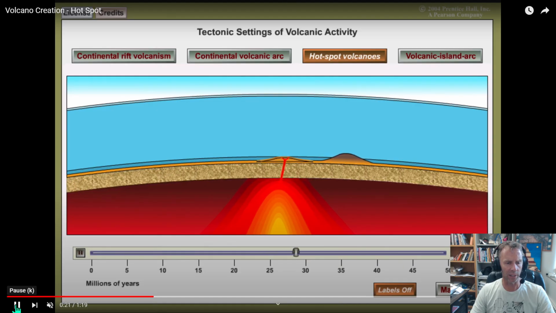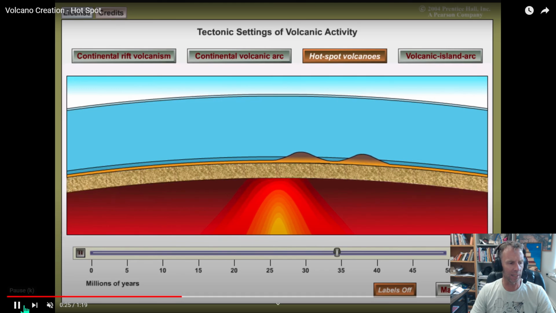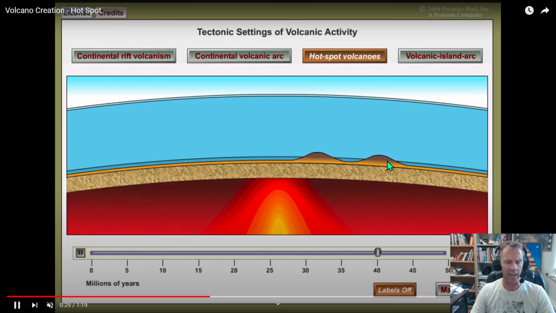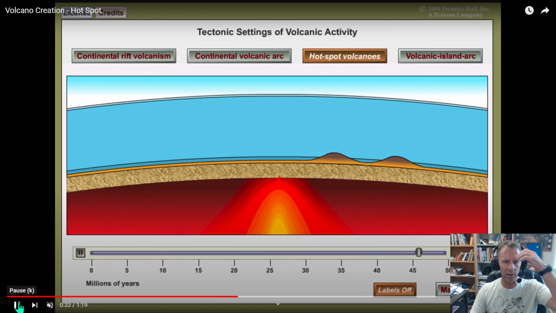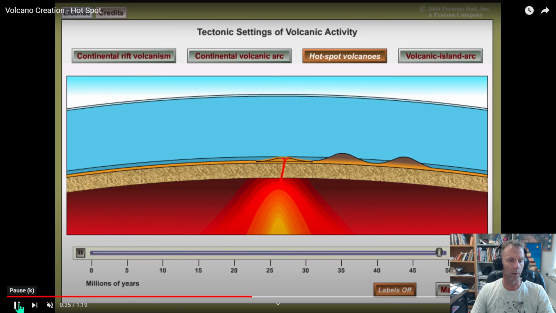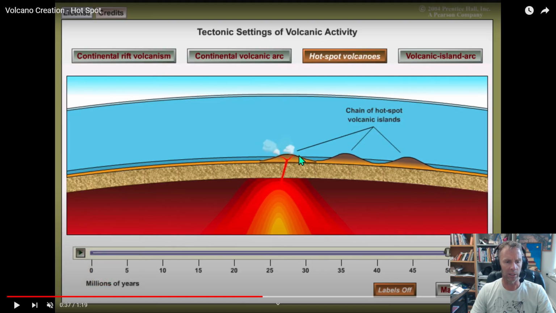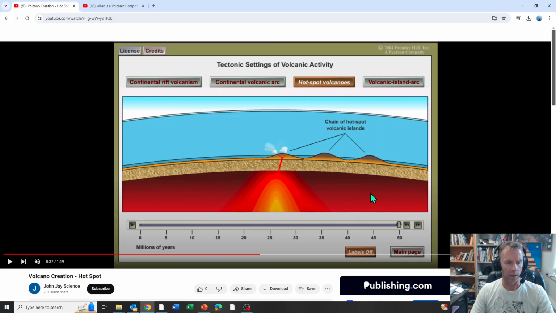So here's our next volcanic island being created, and then the process continues. So the idea here would be that these volcanoes and these islands are no longer volcanically active. They're probably getting smaller over time as the waves pound on them and erosion takes place. And then we get this final one right here. So we get a progression of these islands over time.